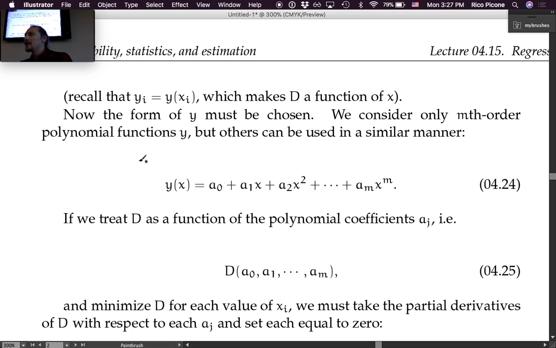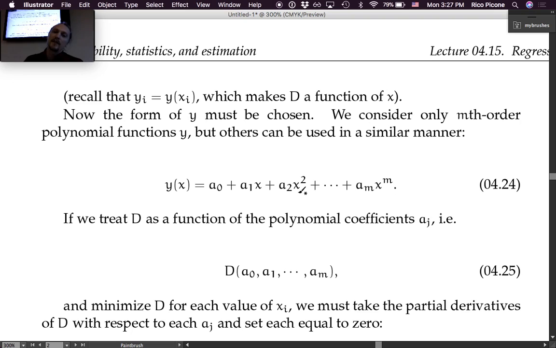And you can use this method exactly as long as the only coefficients you're trying to fit enter linearly.